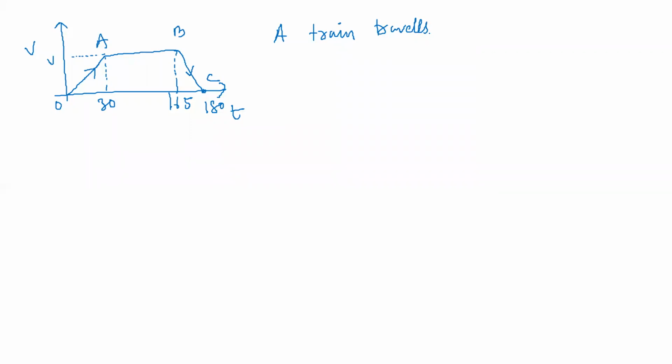A train travels in 3 minutes. 3 minutes is how many seconds?